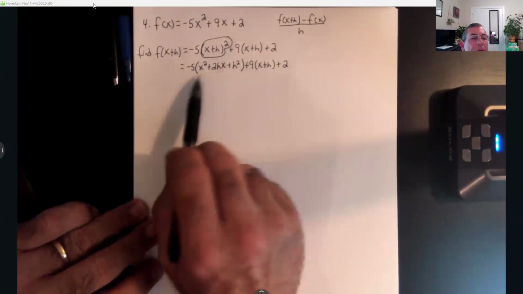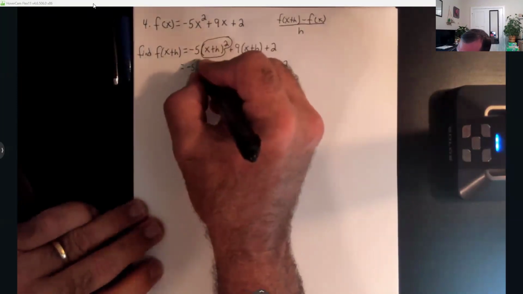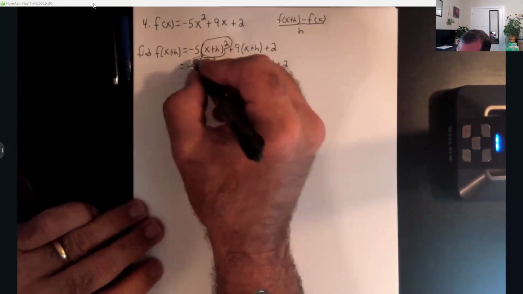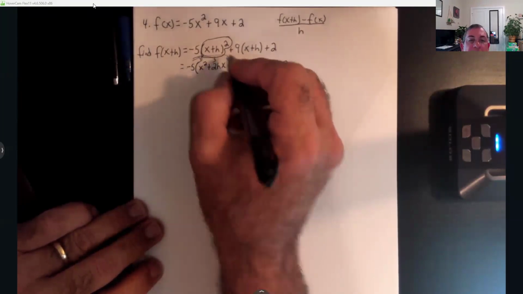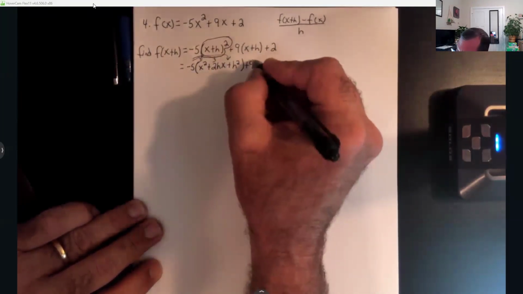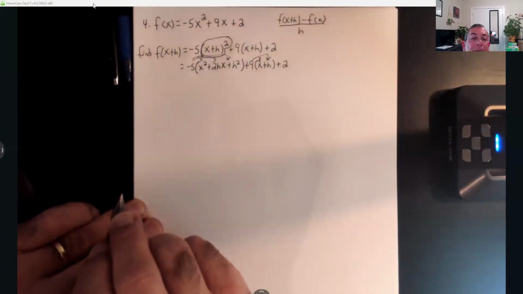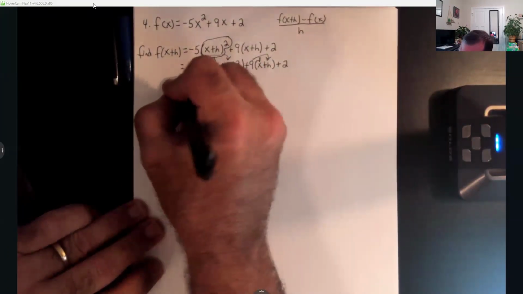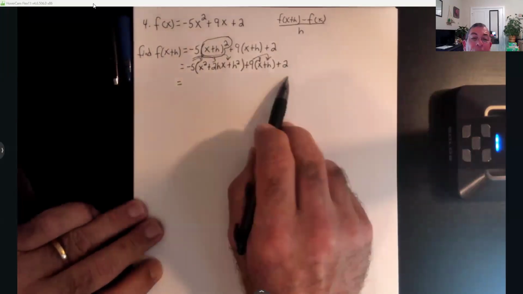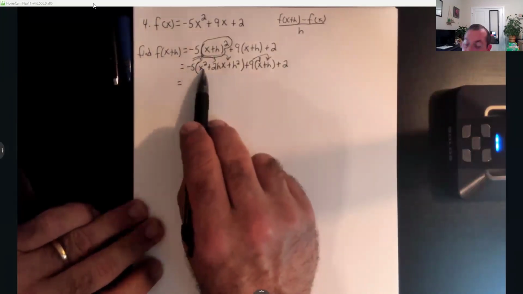Now, to get rid of parentheses, we're going to distribute the negative 5 through the first parentheses, and then we'll distribute the 9 through the second parentheses, okay? All right, y'all, they get a little long at times. So negative 5x squared.